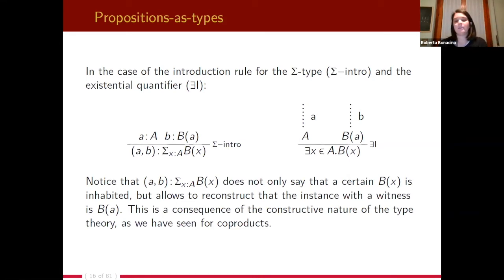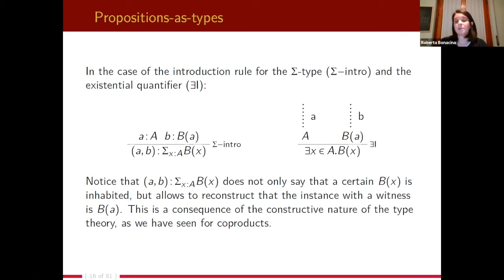Again, as for the sum type, we have to notice that a term of a sigma type carries a lot of information. So it doesn't only say that a certain B of x is inhabited, but it also allows us to construct the term a such that B of a is inhabited.